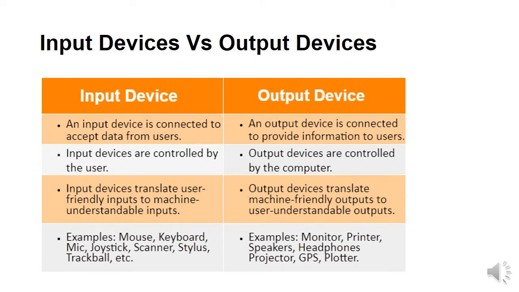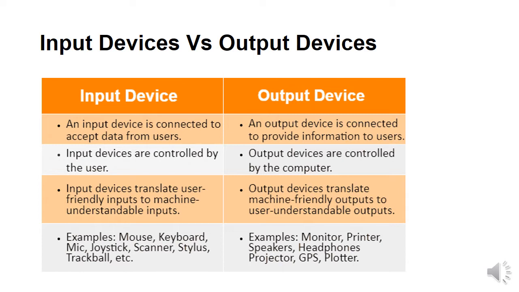Output devices refer to any computer device which is used to display or to provide information to the user, or output data. So we can summarize the difference by using the following table.